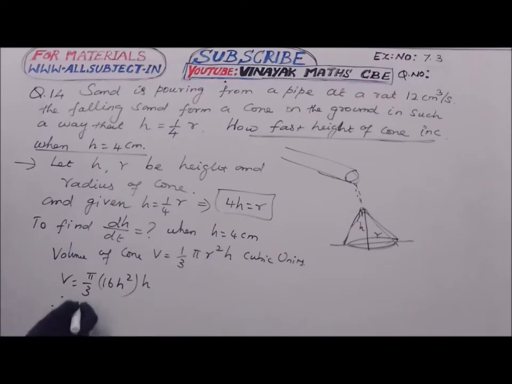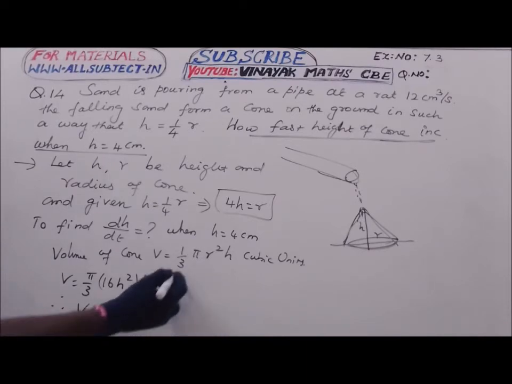Therefore volume V equal to 16 pi by 3 into h cube.